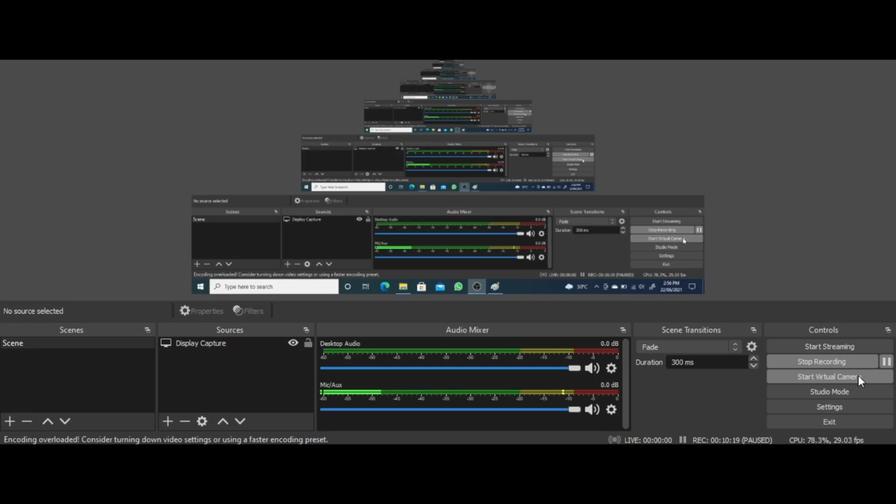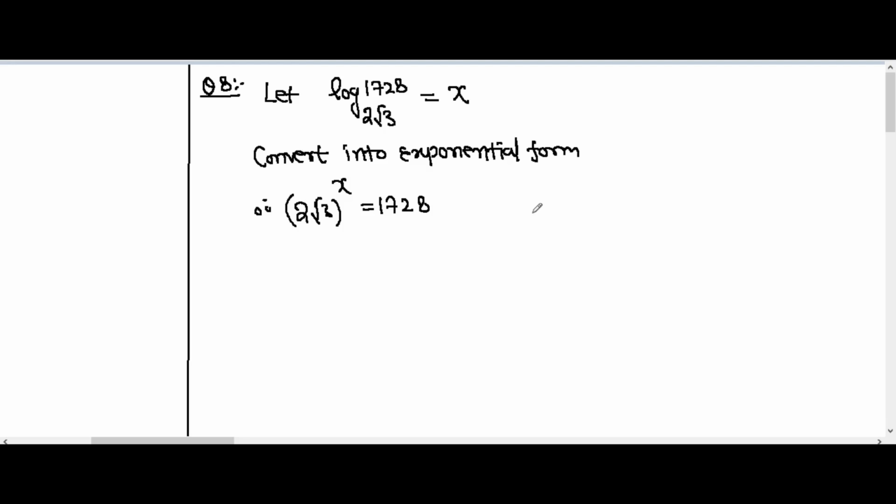Again convert into exponential form. If we convert it into exponential form, then we have 2 root 3 whole raised to x is equal to 1728. तो ये हमारे पास लिखा जा सकता है.